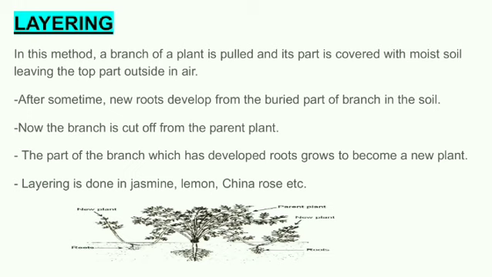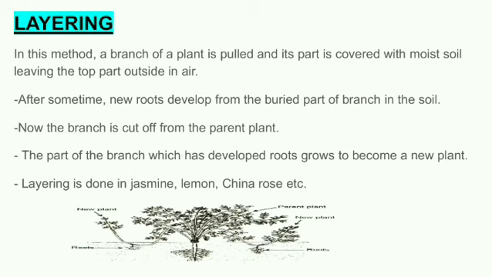As you can see in the picture, there is a plant. Now we have taken two branches of the same plant. One branch we have buried on the left side of the plant in the soil and another branch on the right side. Water both the parts, left and right.